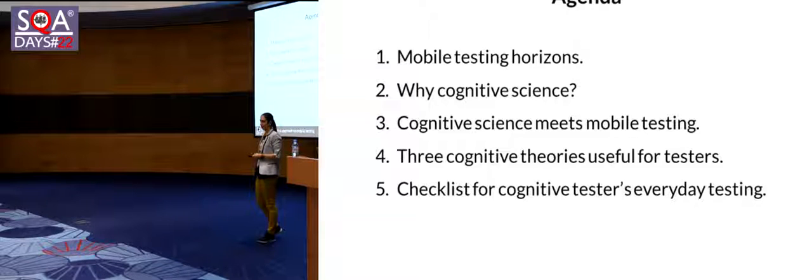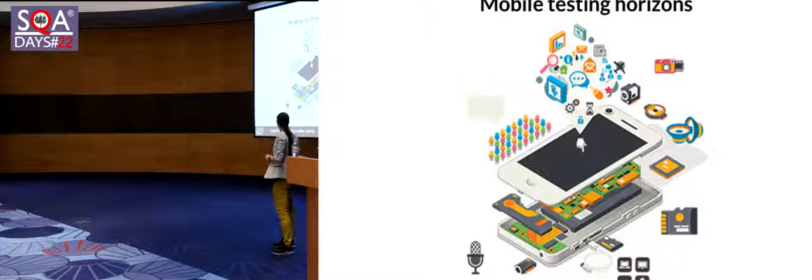And I will tell you how I see the connection between testing and those theories. And at the very end, I would like to share my checklist that will probably help you in everyday testing, which is founded on these theories. So let's speak about the first.